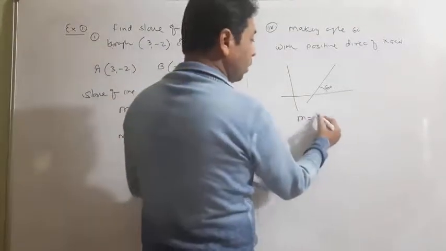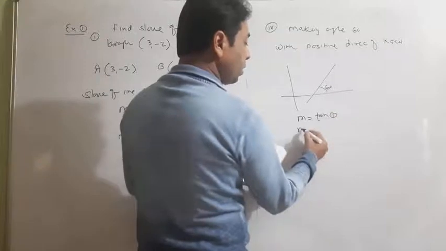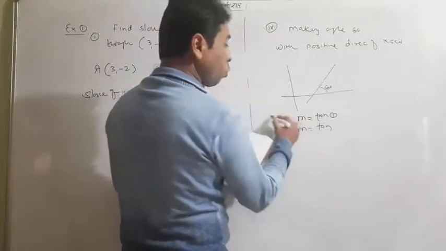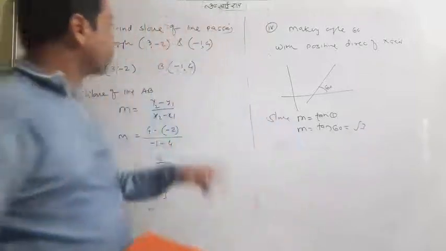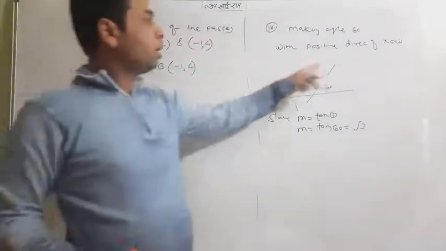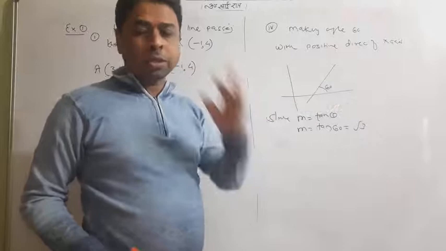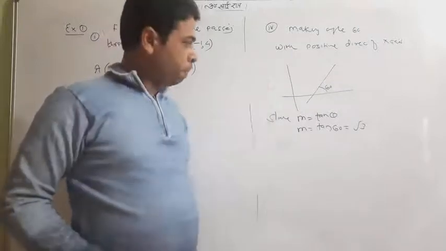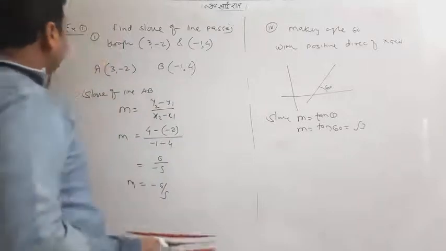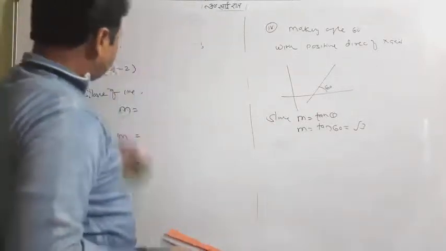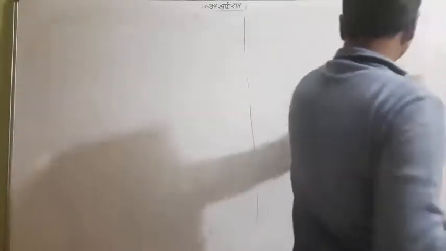So m equals tan theta. This is the slope I am finding. You know the difference between these two questions? Here 2 points were given; here an angle was given. So I don't think it's tough for you. These are the two ways to find m. Okay, now we have done the first example successfully. We'll move on to the next one.